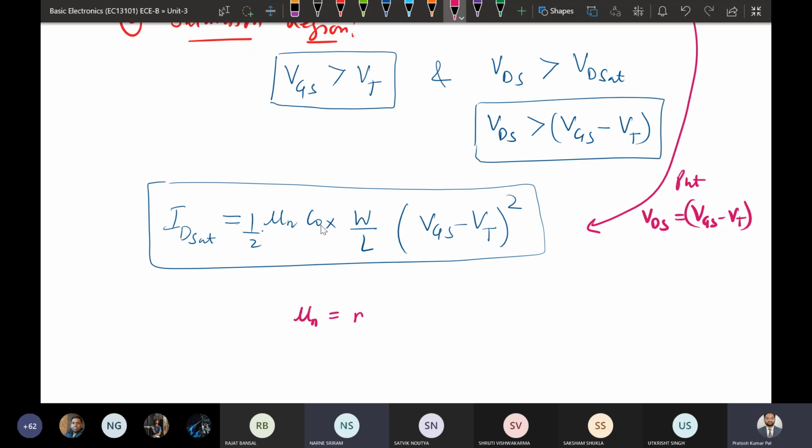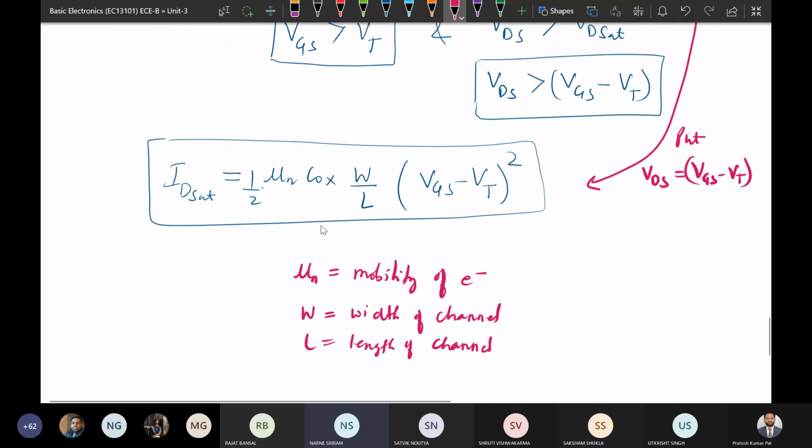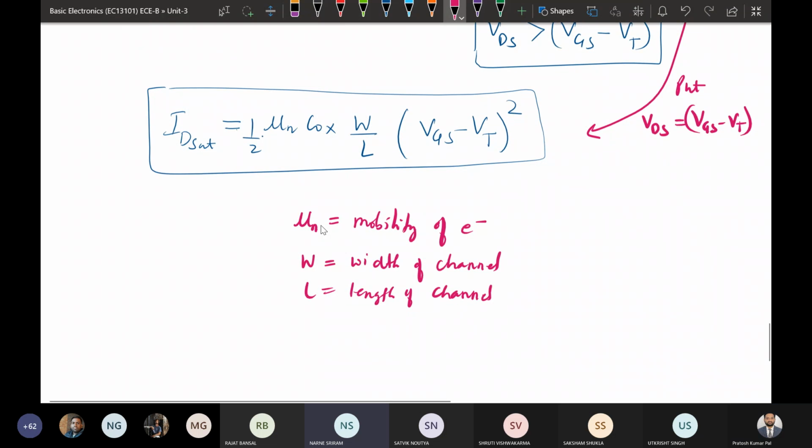Mu n is the mobility of electron. W is the width of the channel. L is the length of the channel, and Cox is called the oxide capacitance.